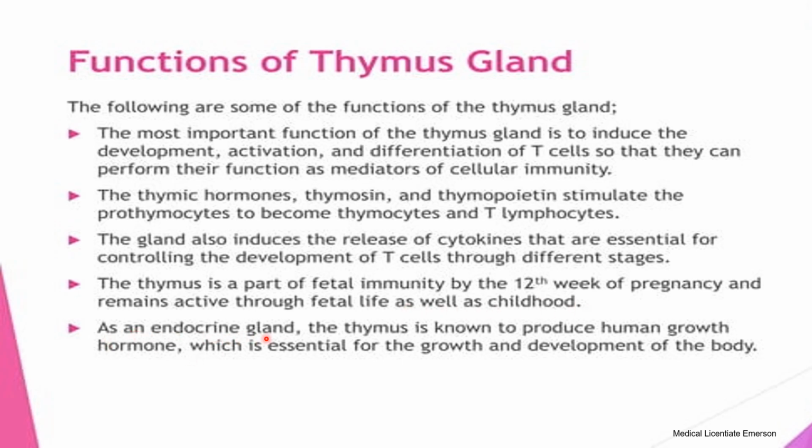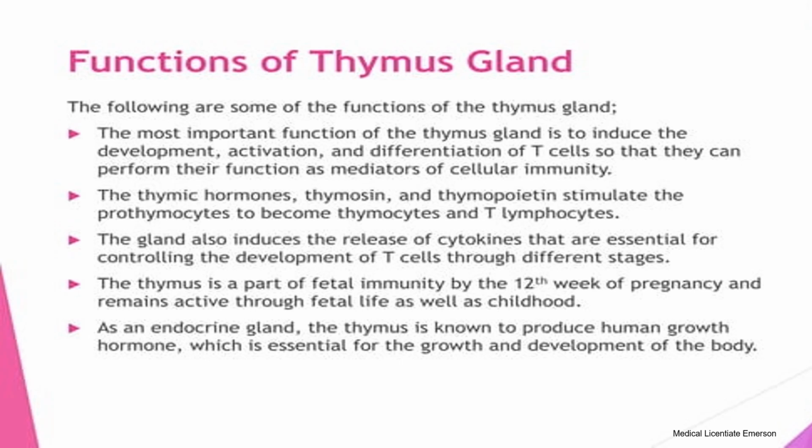As an endocrine gland, the thymus is known to produce human growth hormone, which is essential for the growth and development of the body. These are the functions, and if you can see, the functions are similar to the hormones they produce. If you are to forget the function, at least remember the hormone and the function of that hormone.